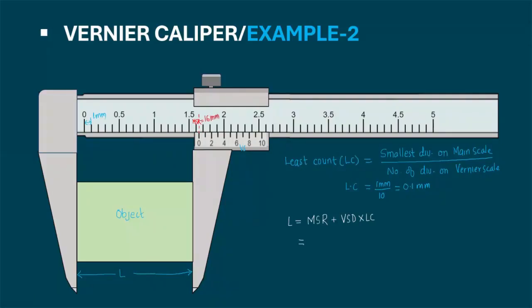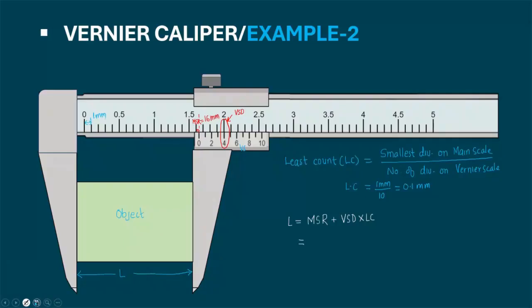Now this much gap we don't know. To get this gap, we have to see which Vernier scale division is coinciding perfectly. First division, second division, third not coinciding, fourth one is coinciding perfectly. So your Vernier scale division is going to be 4, friends. This is the Vernier scale division, VSD, which coincides perfectly with the main scale.